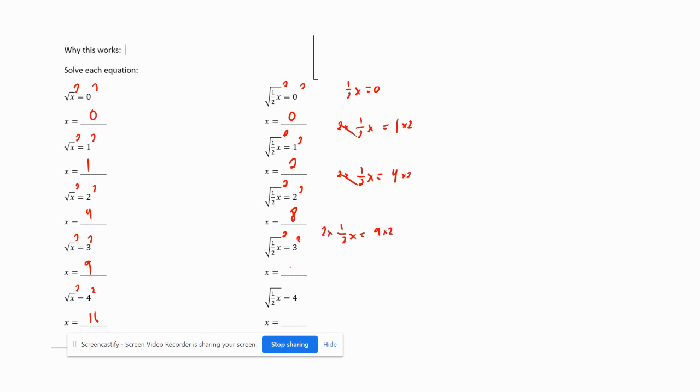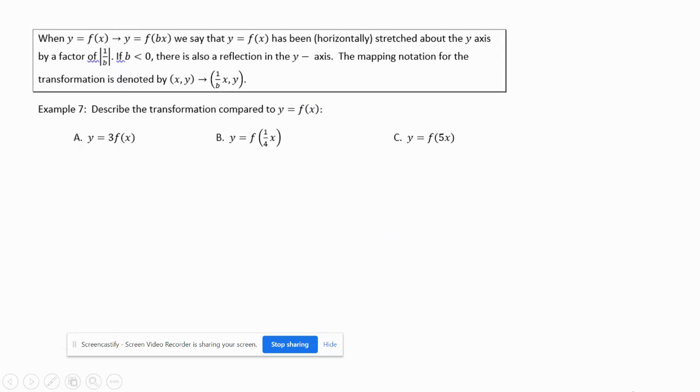That's why this x actually gets doubled. It was 9, now it's 18. Square, 1/2 x = 16, times 2, that means x = 32. So it's a little bit tricky. Why does this 1/2 x actually give us a doubled x value? It's because of this process over here. So hopefully this makes sense.